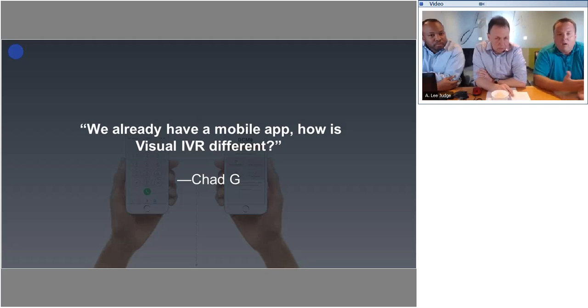It's not all of our customers are using mobile apps, and that results in customers still phoning, still calling an organization when they need to do simple tasks that could potentially be completed through a mobile app. So in that regard, the difference is Visual IVR is at that point in time contextually offered to the customer as a potential route to self-service their inquiry at the time that they call, at the time that they phone the organization.